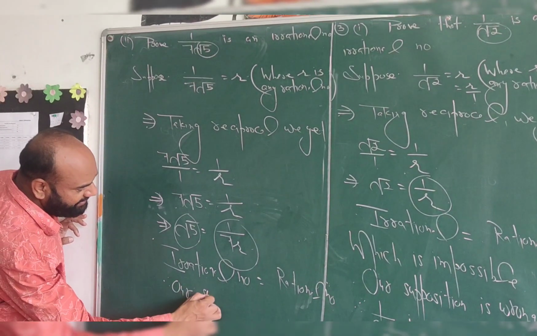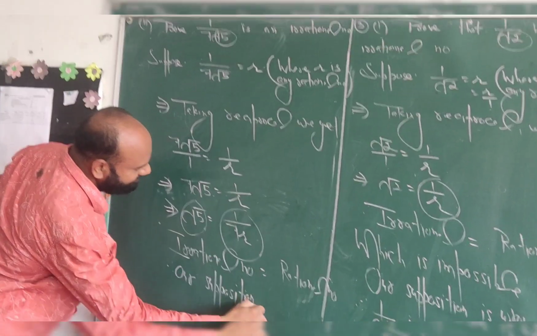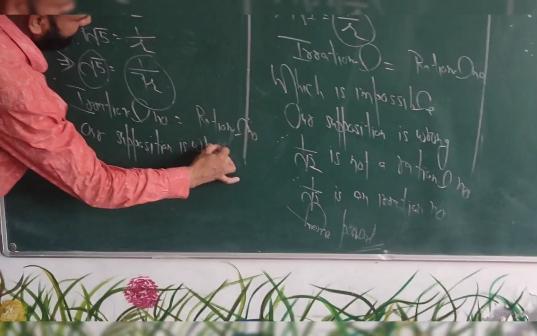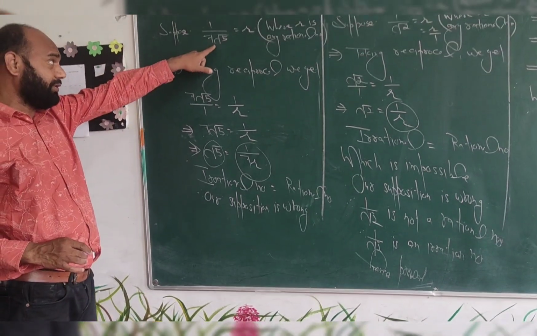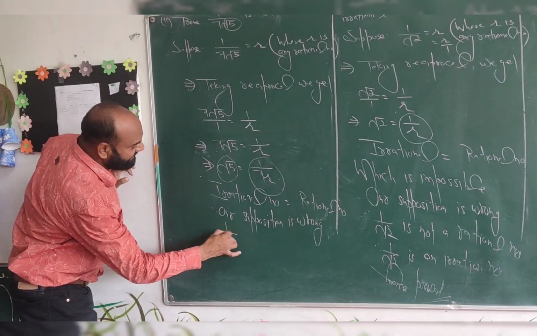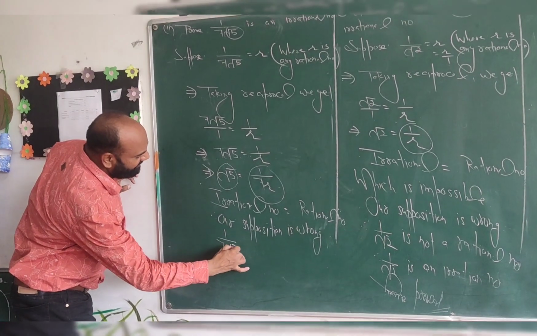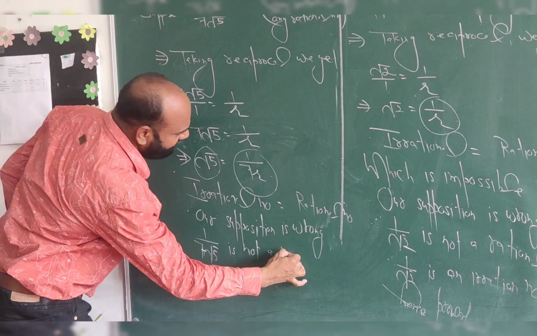So our supposition is wrong, and our supposition is that 1 upon 7 root 5 is a rational number. So we can say that 1 upon 7 root 5 is not a rational number.